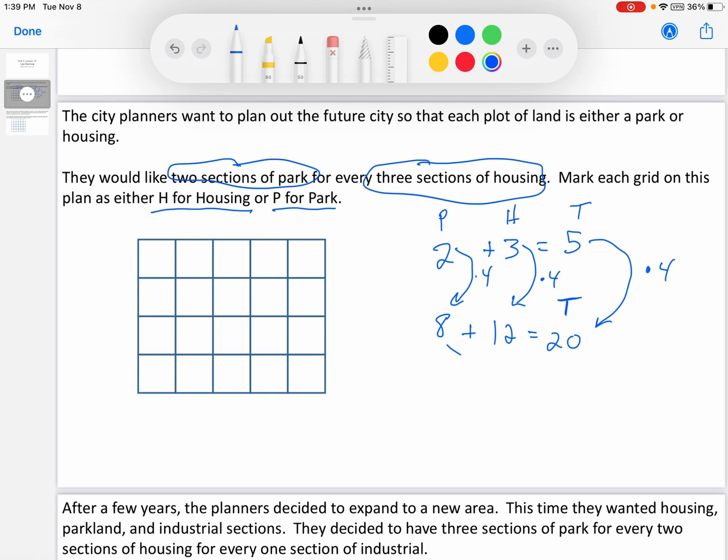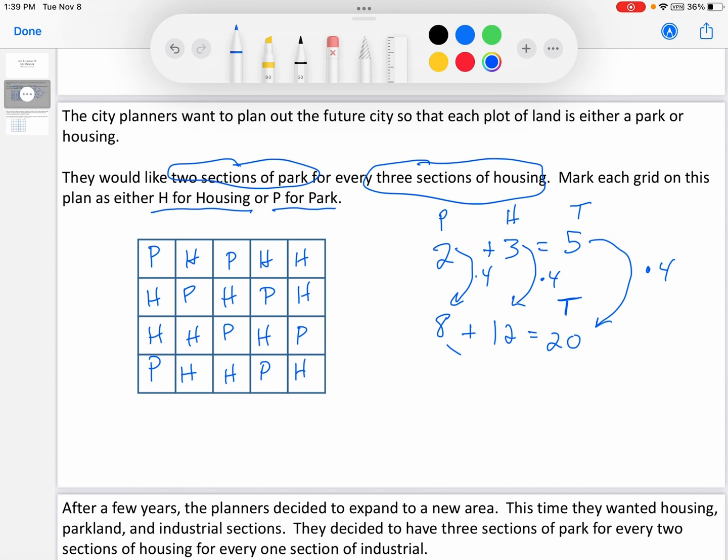So that will be our entire design. So I'll start to put out park sections, and I'll only put out 8 of them. 1, 2, 3, 4, 5, 6, 7, 8. 8 park sections. Now I'll put in 12 housing sections. 1, 2, 3, 4, 5, 6, 7, 8, 9, 10, 11, 12.